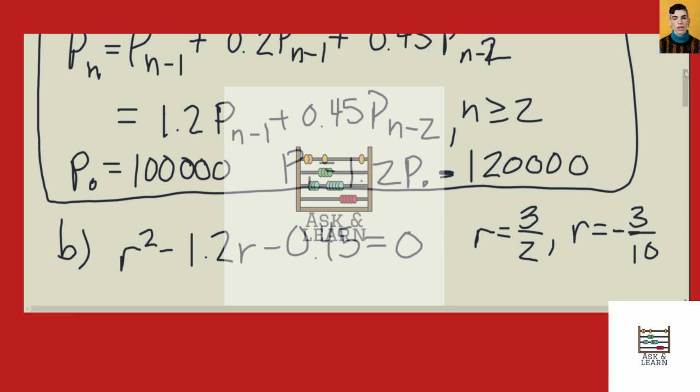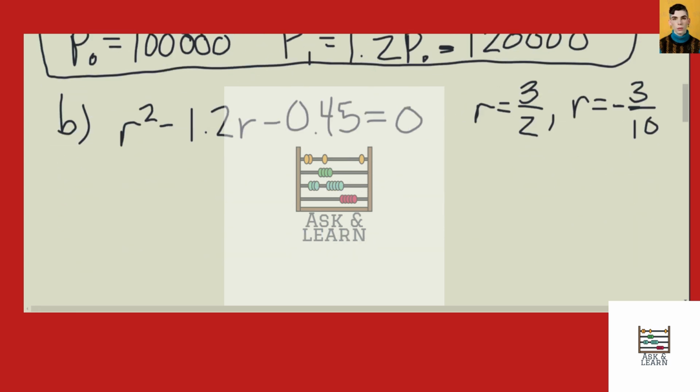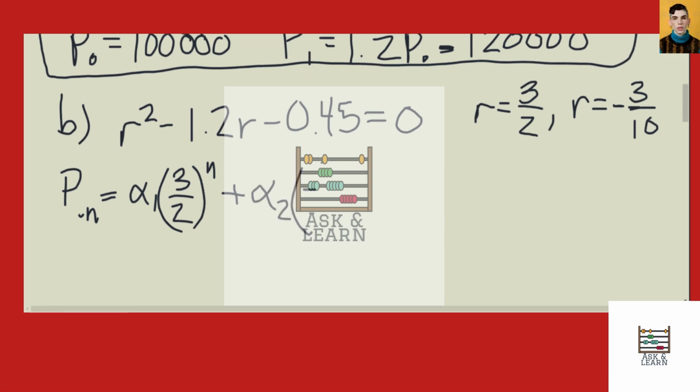And since these roots are distinct, the general solution is Pn equals alpha 1 times 3/2 to the n plus alpha 2 times negative 3/10 to the n.